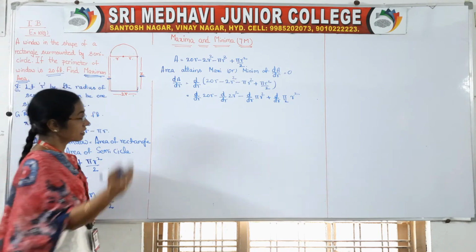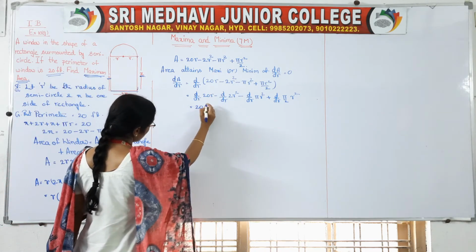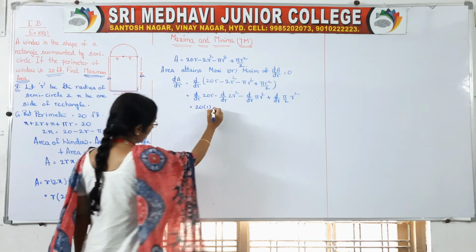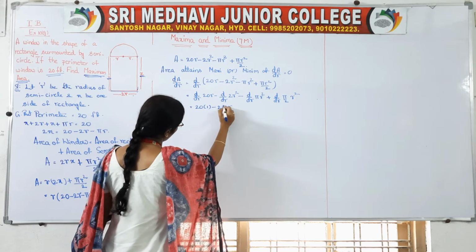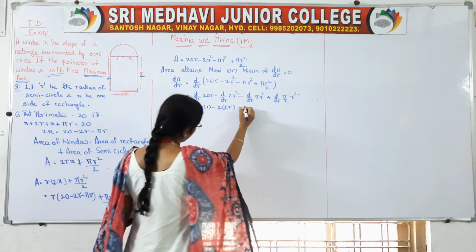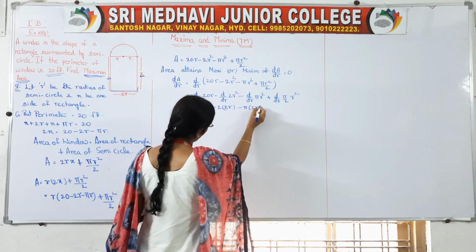So 20 into d by dr of r is 1, minus 2 into d by dr of r square is 2r, minus pi is a constant, d by dr of r square is 2r.